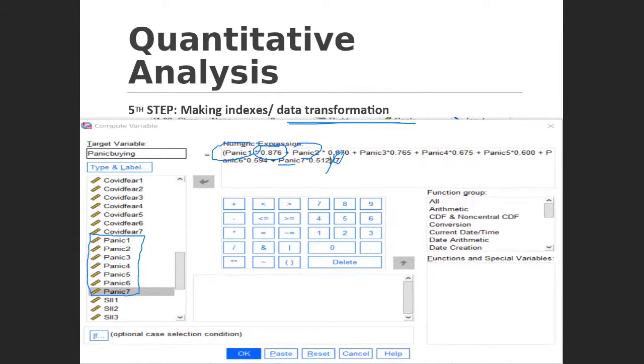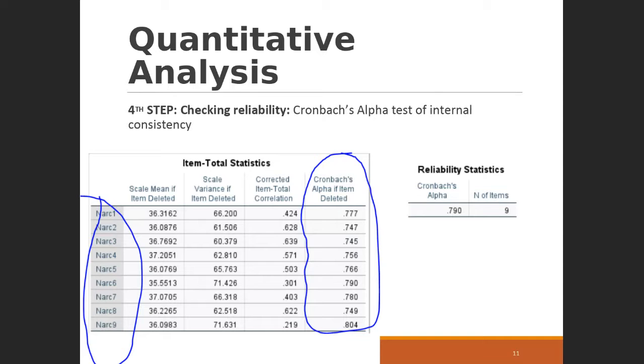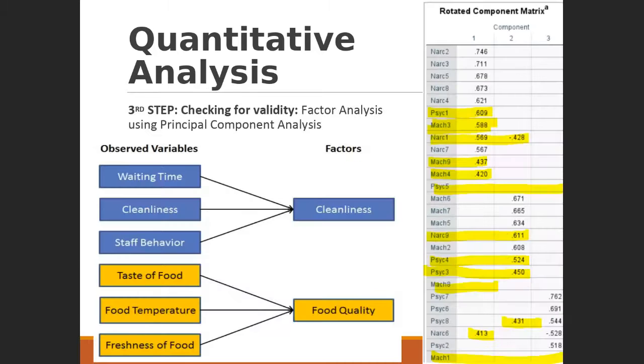Like if you look at the last case here, question number two of narcissism is the most important question to measure the concept of narcissism, because its weight is highest, 0.746. Question number three of narcissism is the second most important question, because it has a weight of 0.711. And then the importance decreases.